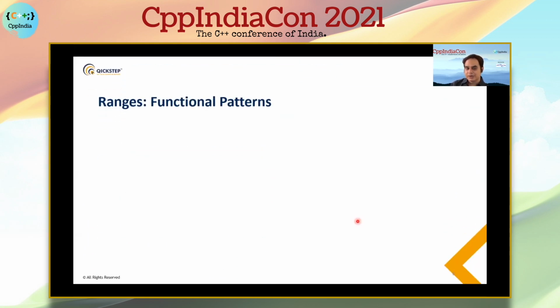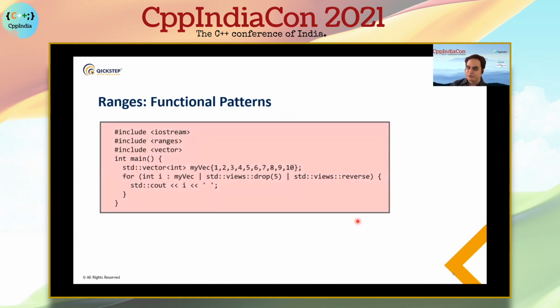So now ranges support a functional pattern. We now have a more modern way of programming, like you have seen in almost all the modern languages, right? This is something I see as kind of radical in C++, where ranges support a functional way of programming.